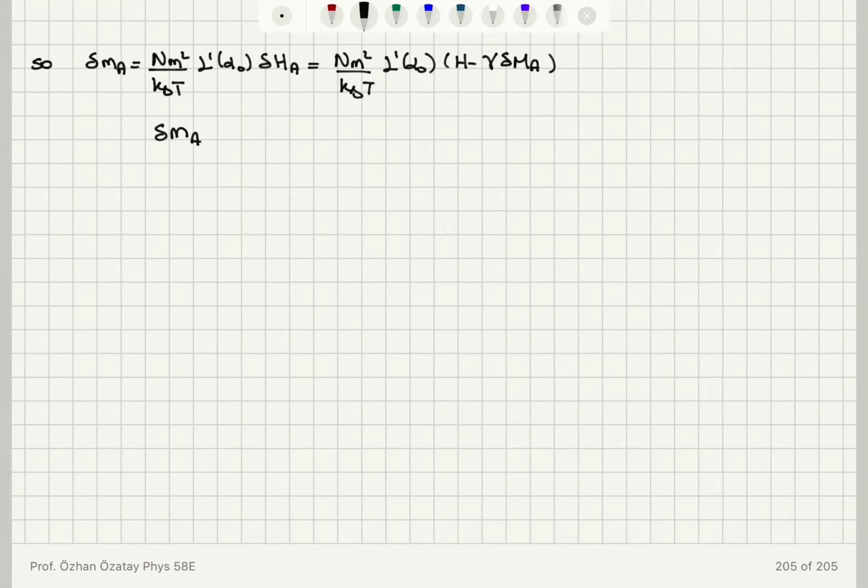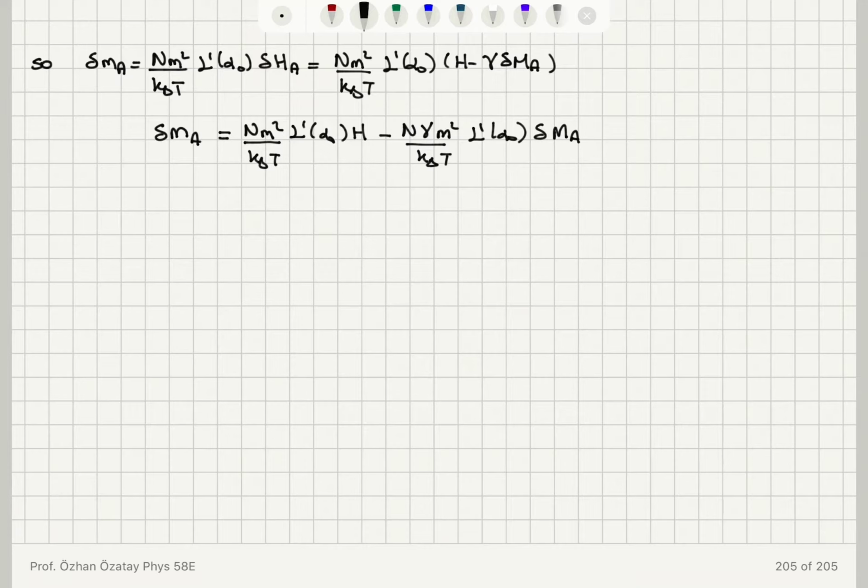So here I have delta MA is equal to N m squared divided by kB T, Langevin function derivative at alpha 0 times H minus N gamma m squared over kB T, Langevin function derivative at alpha 0 times delta MA.